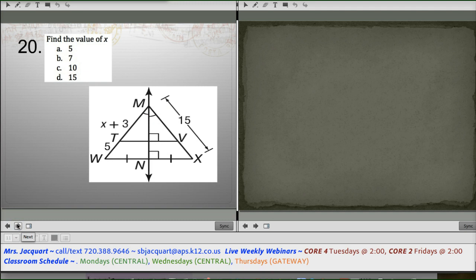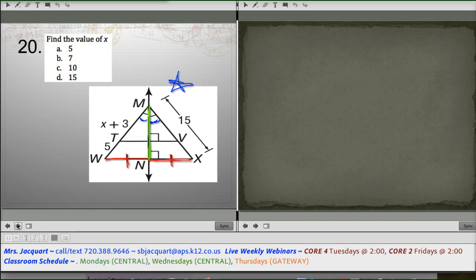Find the values of this. Now, what we want to do is take our pretty picture and dissect it. We know that this angle matches that angle. We know that NW equals NX, so those ones are the same. And then we also know that we have a third side that matches. So what we know already is that left side will equal right side.